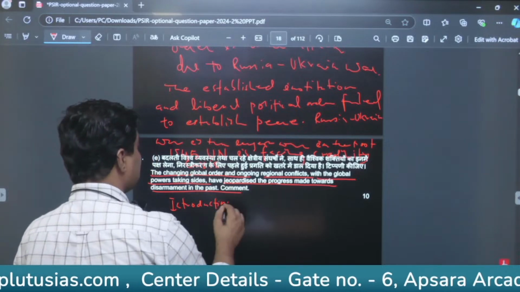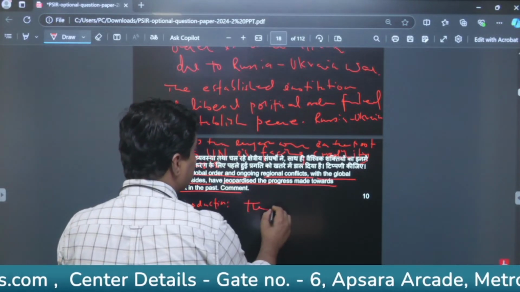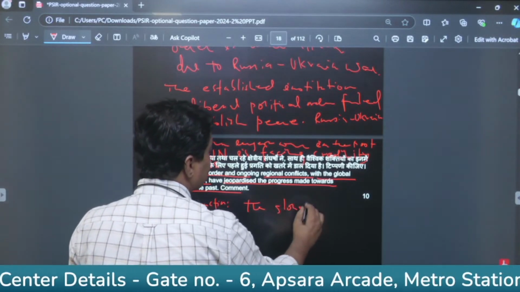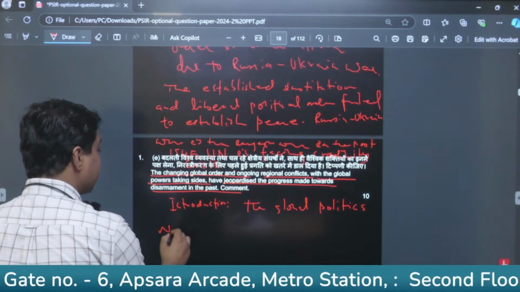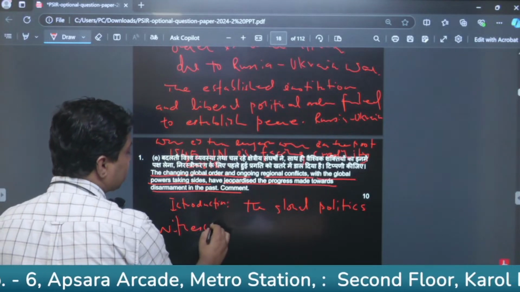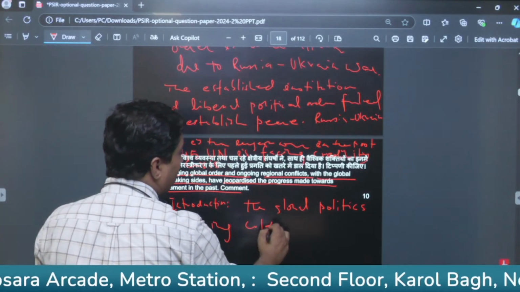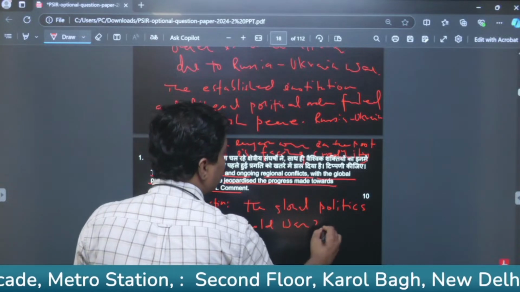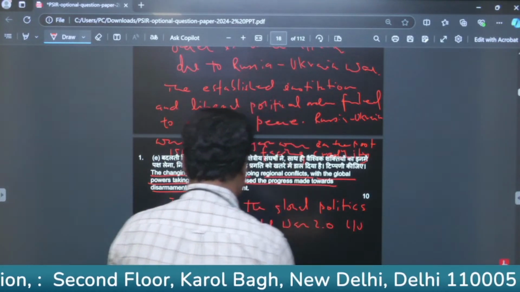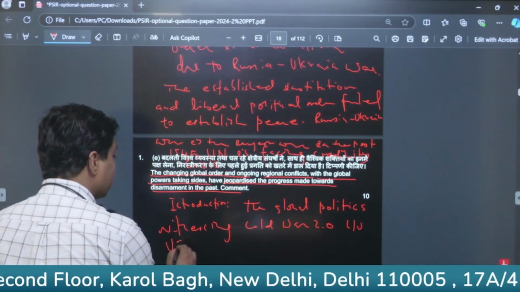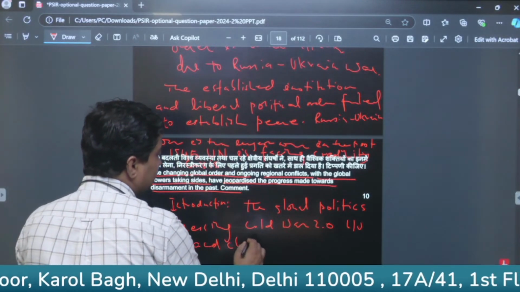The global politics is witnessing Cold War 2.0 between US and China.